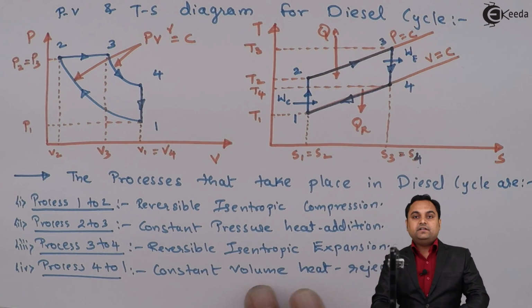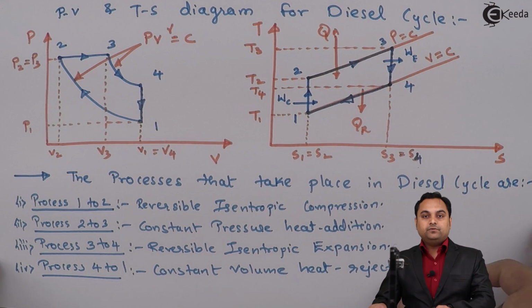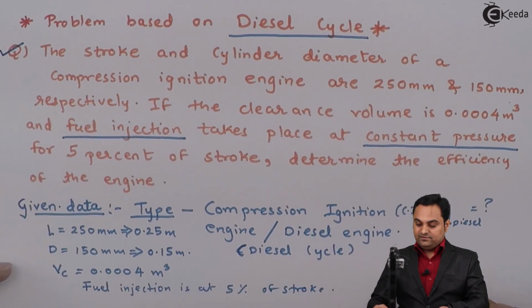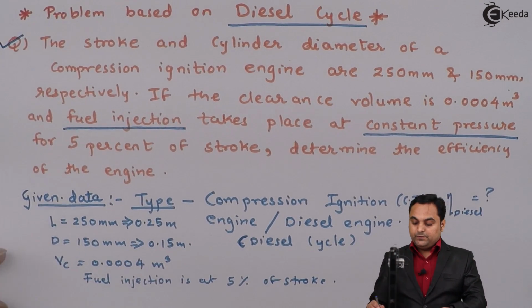Now with the PV and TS diagram completed, we can easily start with the solution, and the question was to calculate the efficiency of diesel cycle. We have to find this value.